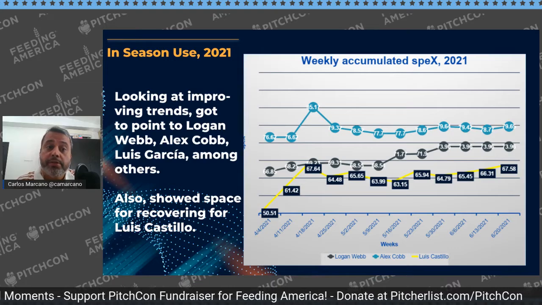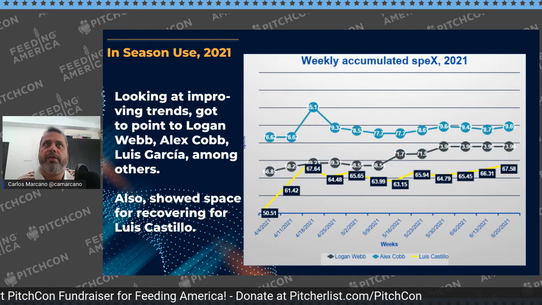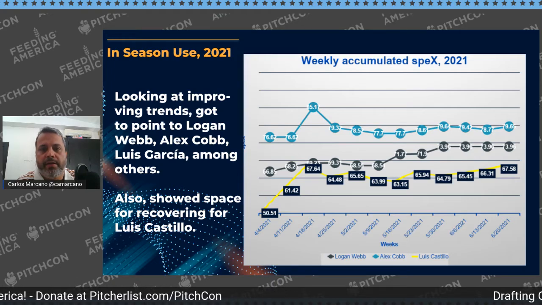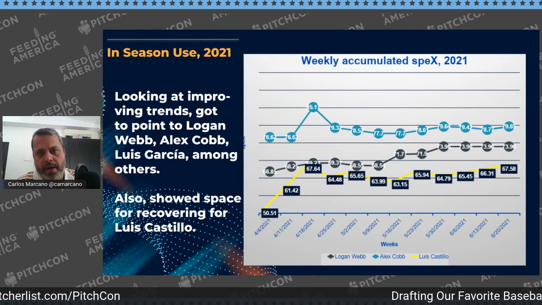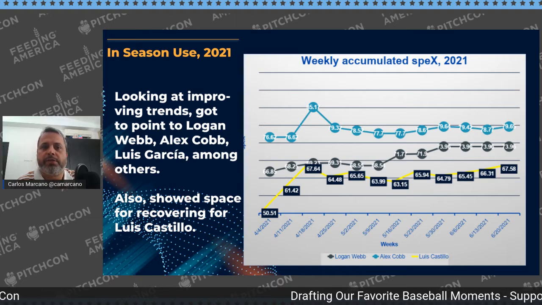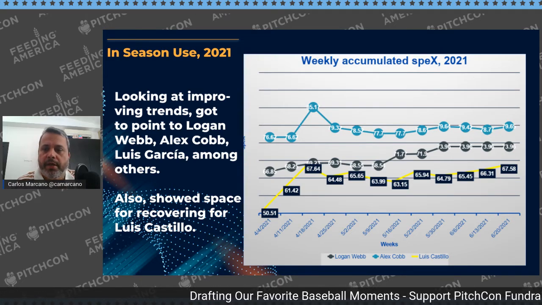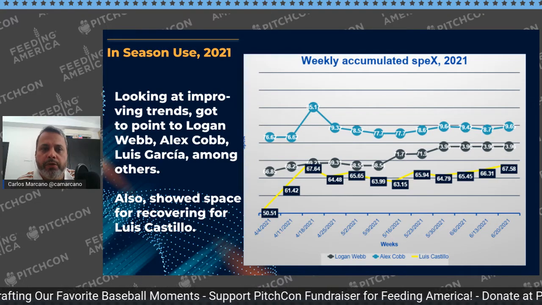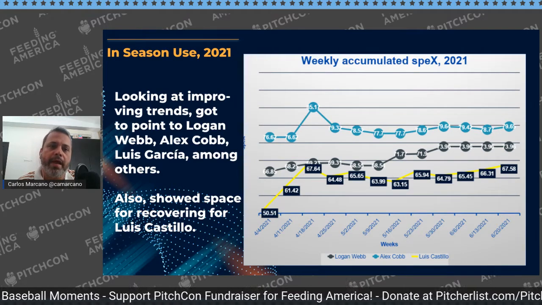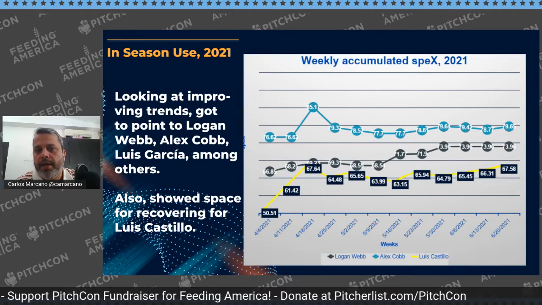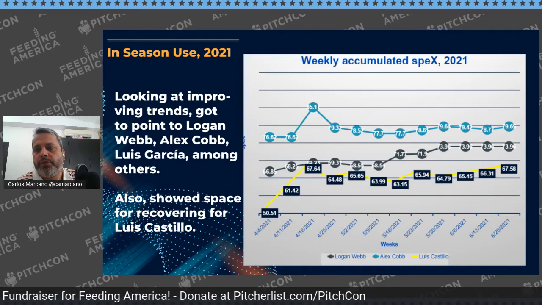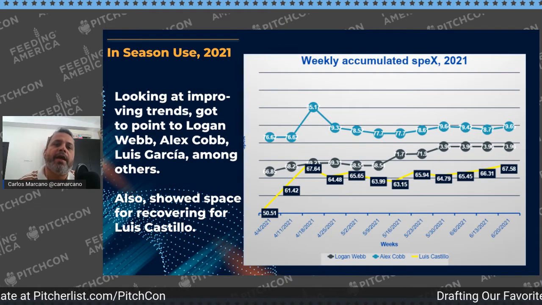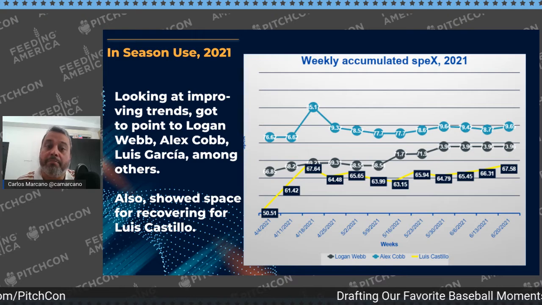In-season use during 2021 was, I think, one of the biggest good things that SPECS is good for, because using SPECS in season helped get to pitchers like Logan Webb, Alex Cobb, and Luis Garcia, who were for sure doing better than what the eye met at the beginning of the season.